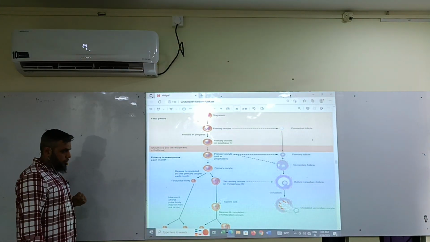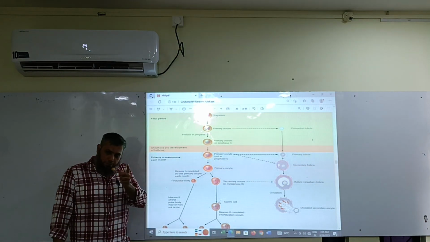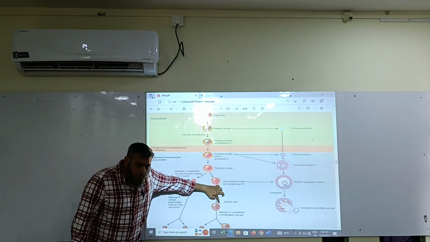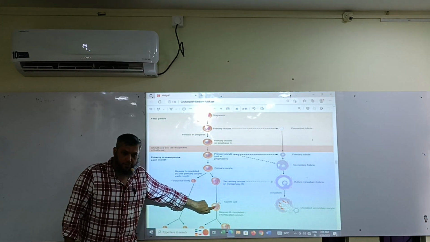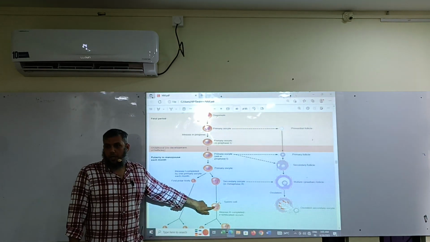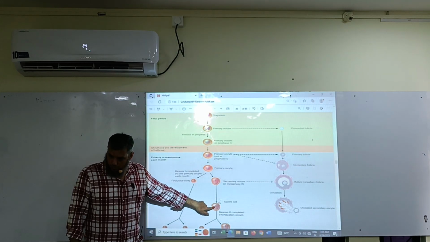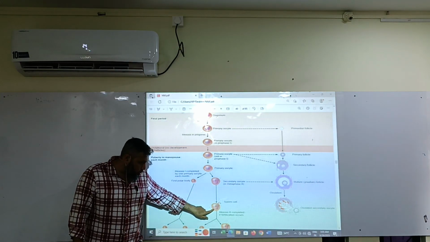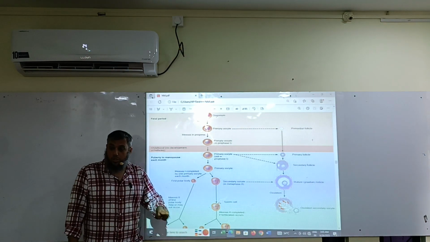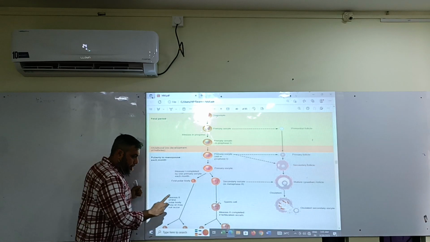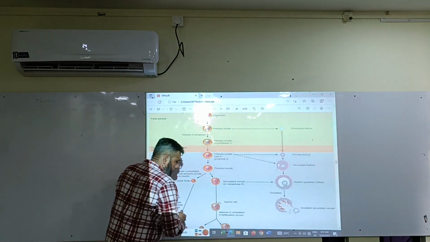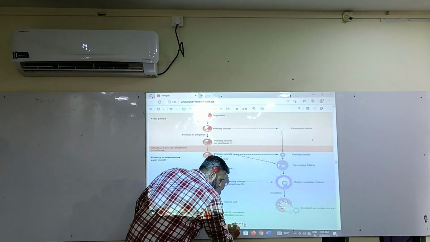And remember, if fertilization takes place, as the sperm enters inside, it will provide the centrioles, and now the secondary oocyte will complete its meiosis 2, and it will result in the formation of a mature ovum, which is called an ootid.